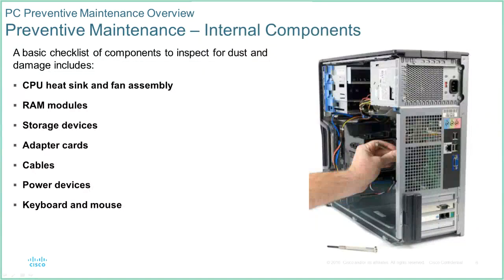Other areas to check will be the RAM, basically everything in there, so your RAM, your storage, your adapter cards. So give it a good check, because once the outside fan is coated, you pretty much start building up on the inside.